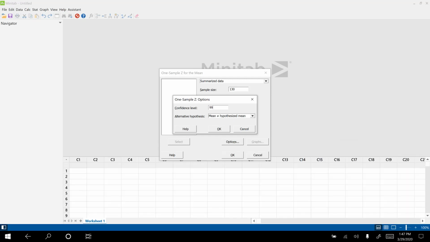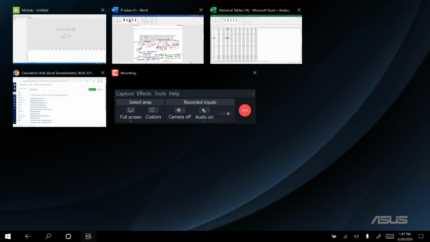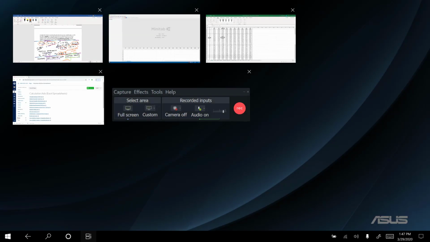So let's see, mean not equal to hypothesized mean. So our mu not equal to, this is a two-tail problem, that's why we have not equal to. If it was a one-tail problem, it would be mu greater than or mu less than hypothesized mean. So all the three options will be available in Minitab.